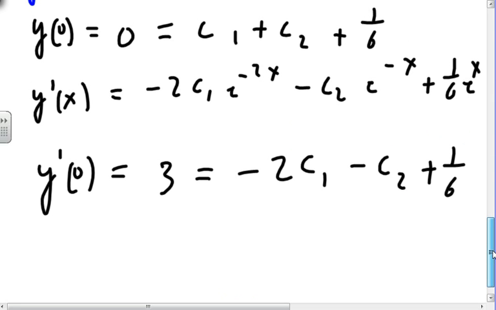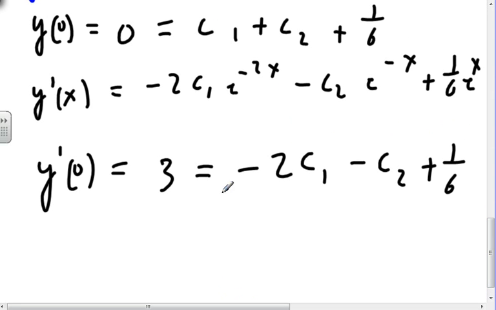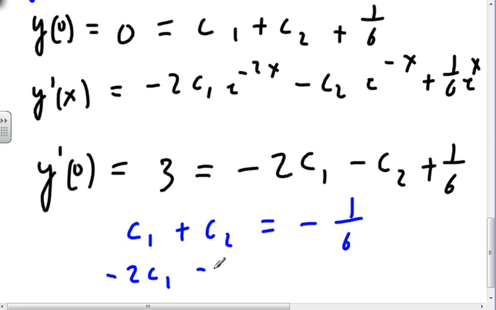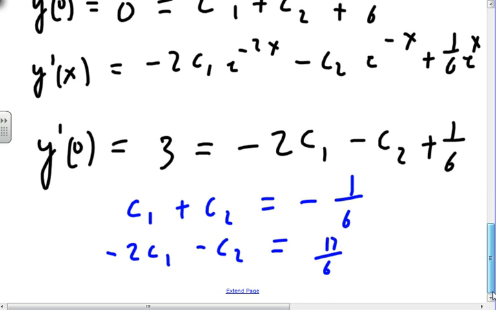Right, so I have simultaneous equations to solve, and they are c1 plus c2 is equal to 5/6, and minus 2c1 minus c2 is equal to minus 1/6. Okay, so I did that right.